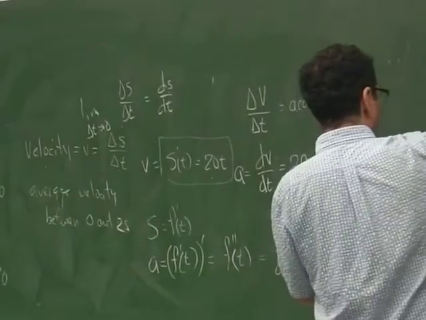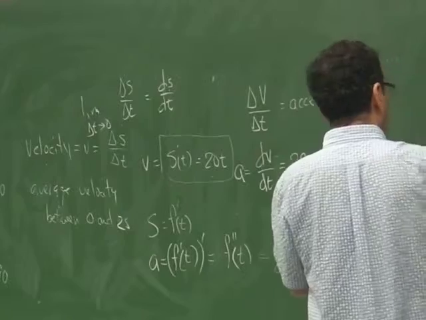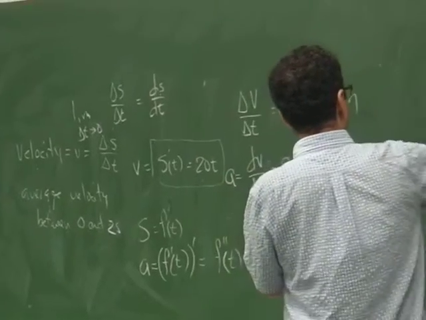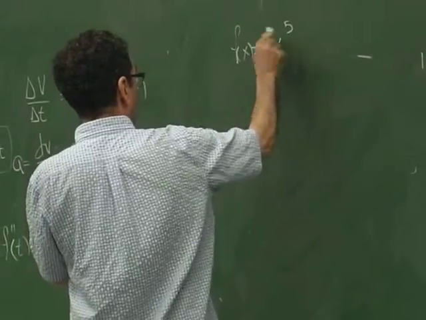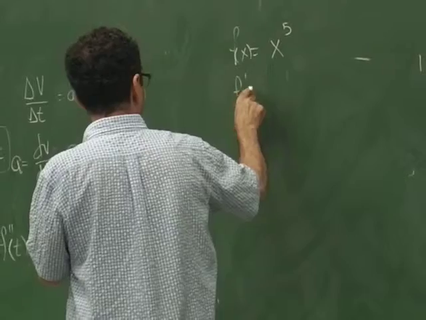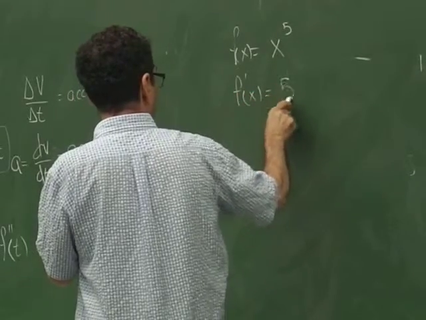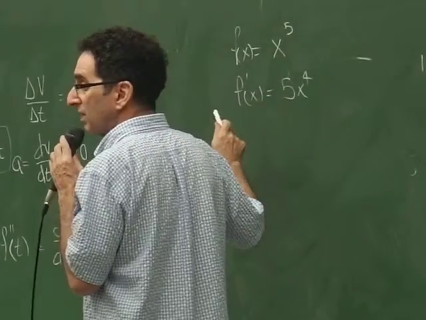Okay? Now let's just forget about distance and time and just take an arbitrary function and do it again, just to practice with the meaning of the second derivative. So let's take f of x, use x this time, equals x to the 5th. So what's the first derivative? And then if we want the second derivative, we just take the derivative of this, right?